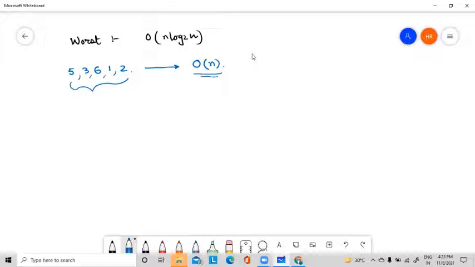So what is the best time complexity in case of worst case? This is the best time complexity. Now the question is, can I improve this? Can I implement one such sorting which is able to perform this in order of n for this particular set of elements?